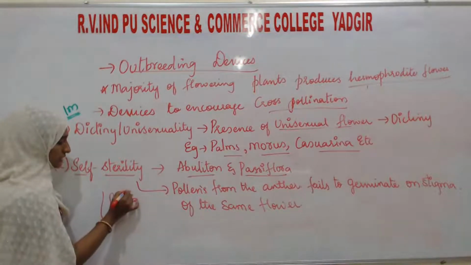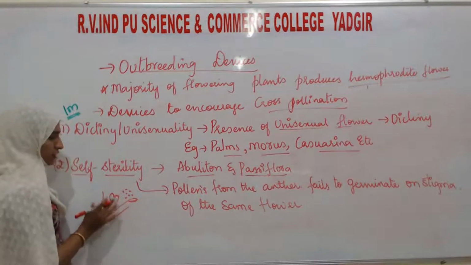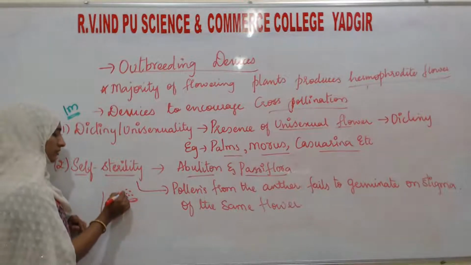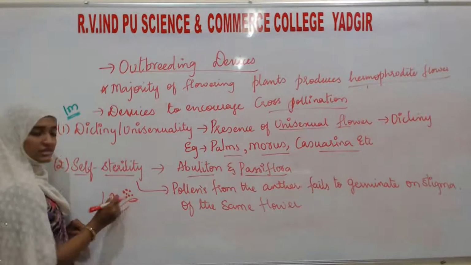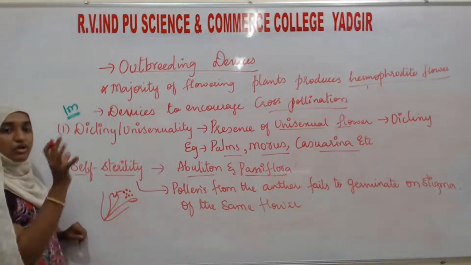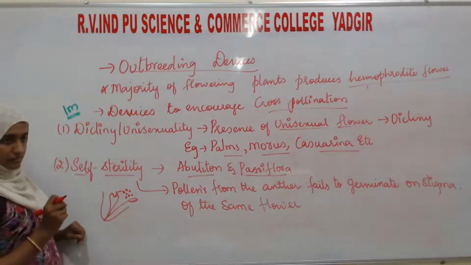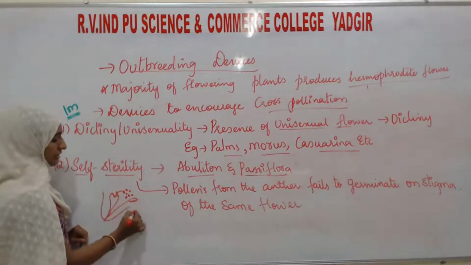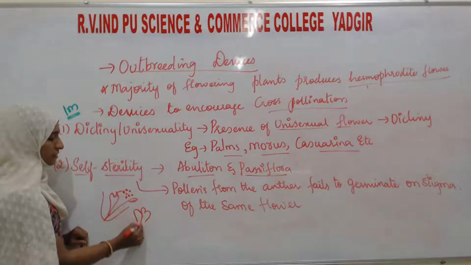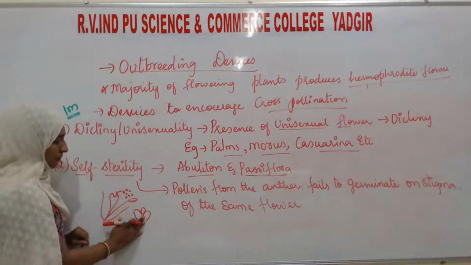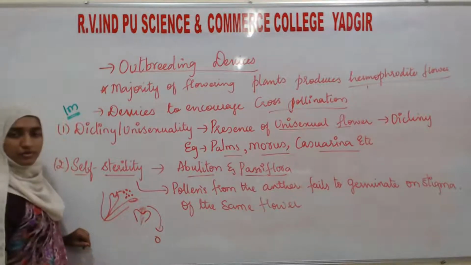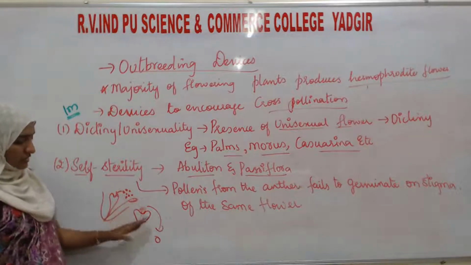Anthers are going to release the pollen grains, but due to the absence of a chemical substance on the stigma, this pollen grain fails to germinate. That stigma will not accept that particular pollen grain, or otherwise when pollen grains come and sit on the stigma, they fail to germinate. Germinate means no pollen tube takes place. In that case, the pollen grain will shed out or fall down.